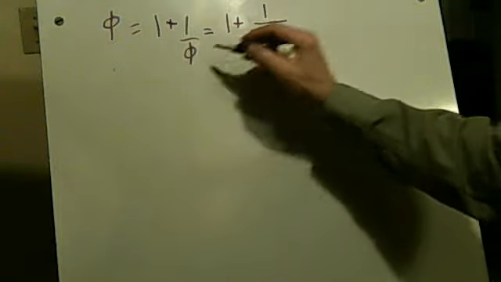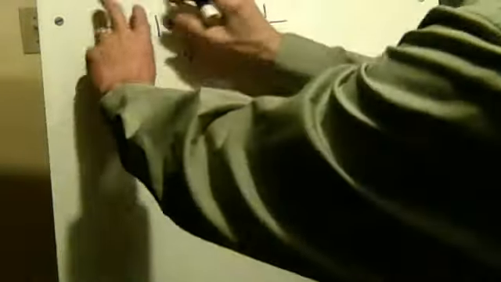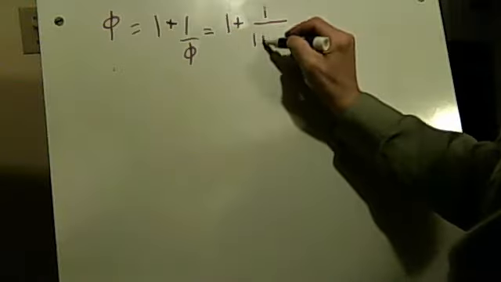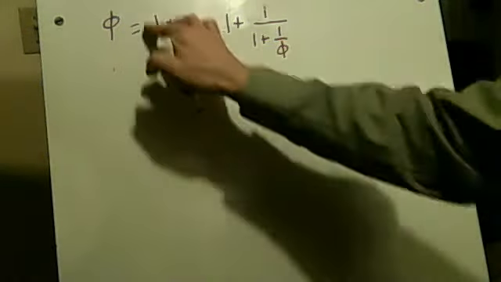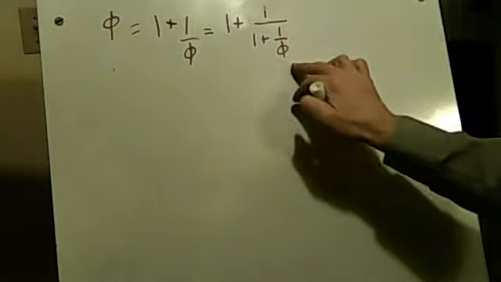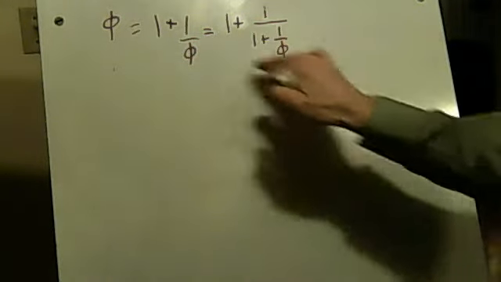You can actually take this phi and instead of it, you put in this entire thing, 1 plus 1 over phi. Because this satisfies that. And this is also a very valid equation.